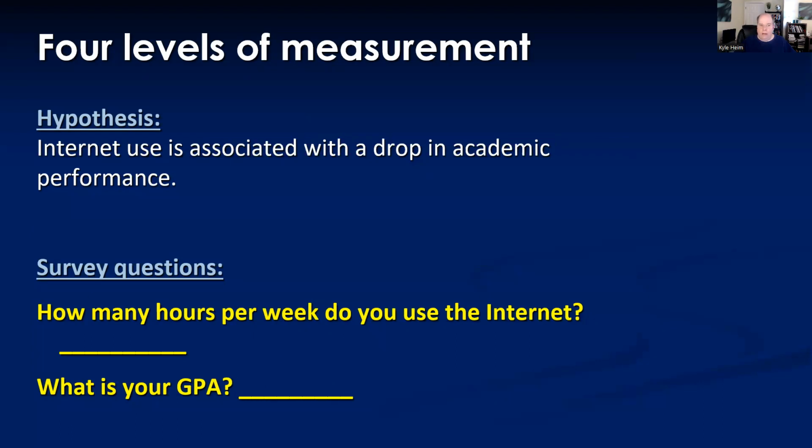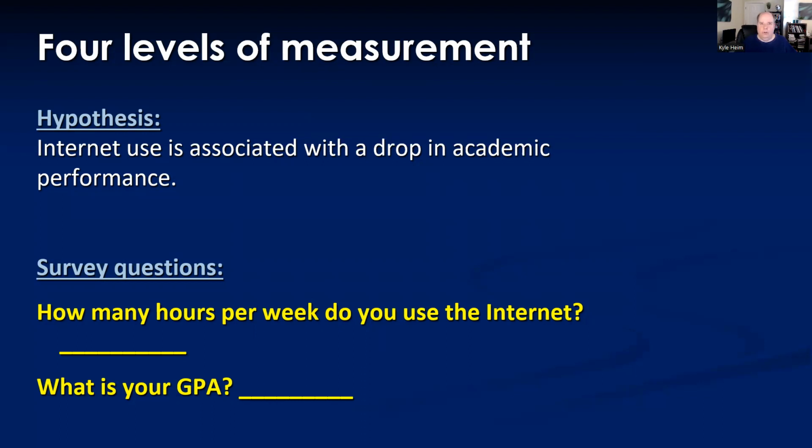Well, they would give you ratio measurement, because hours per week, if they don't use the internet at all, they would say 0. And then it would be a scale of equal increments, hours. Similar story for GPA. The GPA scale starts at 0, goes up to 4.0. So you would now be asking 2 ratio level questions instead of nominal level questions.